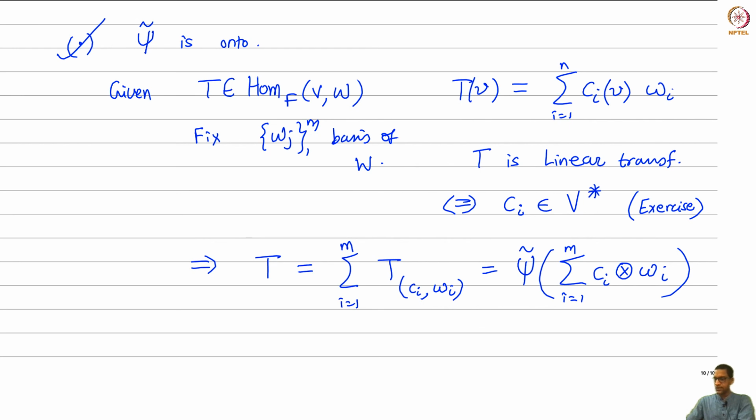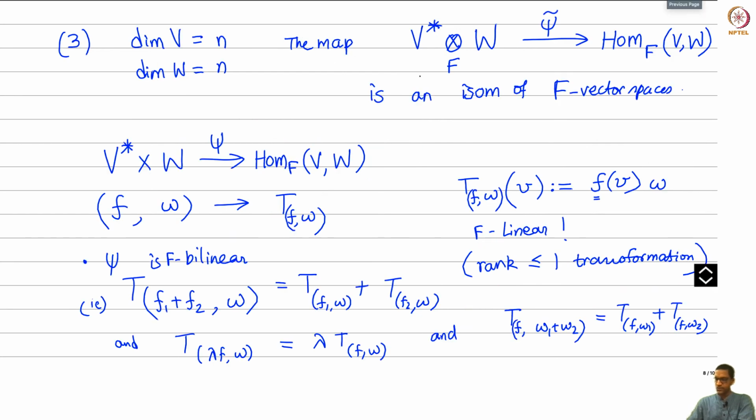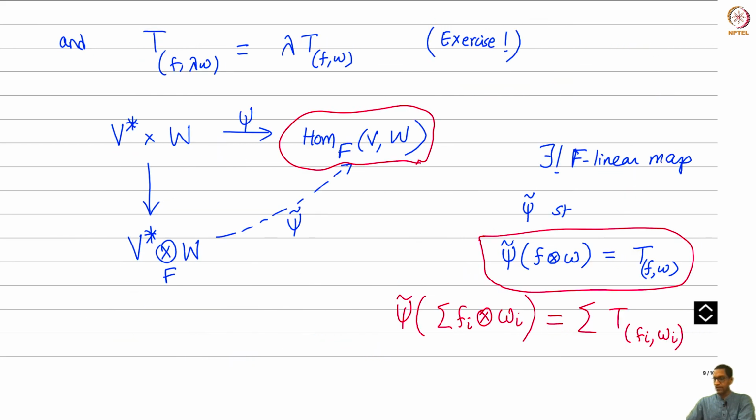Now the isomorphism bit is going to be from a dimension count. Observe that we have a vector space here, a vector space here, and an onto map between them. Now if the dimensions are equal, then that onto map must also be an isomorphism. Okay, so let's calculate the dimensions on both sides. What's the dimension of Hom_F(V, W)?